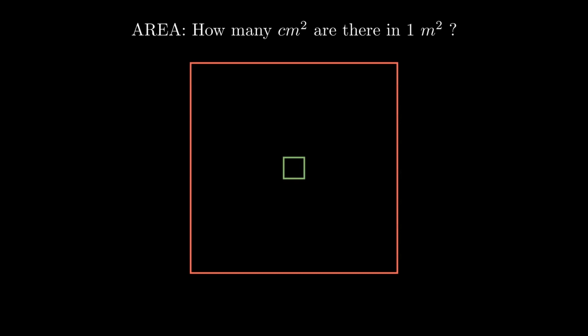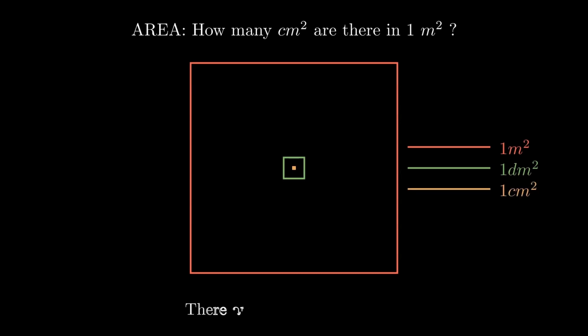That's actually square decimeters, and that yellow rectangle there, or yellow square right at the center, that is 1 square centimeter. So that's how small a square centimeter is relative to a square meter. Okay. In fact, you would need 10,000 square centimeters to fill up an area of 1 square meter.